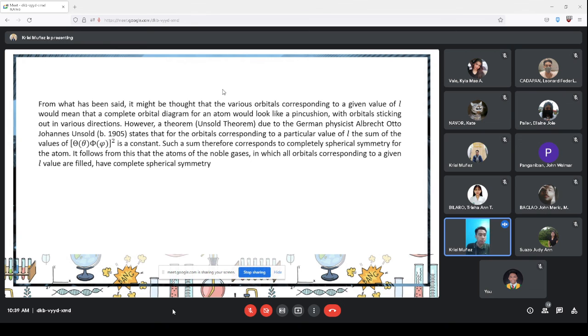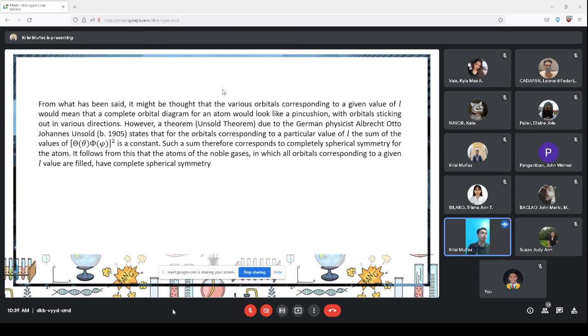However, a theorem, which we call the Unsöld theorem, due to the German physicist Albrecht Unsöld, states that for the orbitals corresponding to a particular value of L, the sum of the values of the angular dependence, phi, multiplied by the theta equation squared, is a constant.